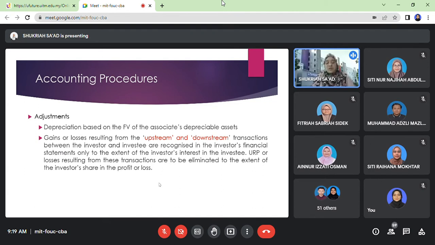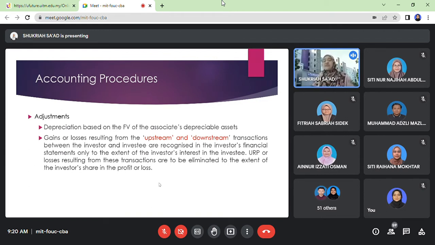In terms of transactions between holding and associate, we need to identify whether the sales of asset is upstream sales or downstream sales, because the treatment will be different.